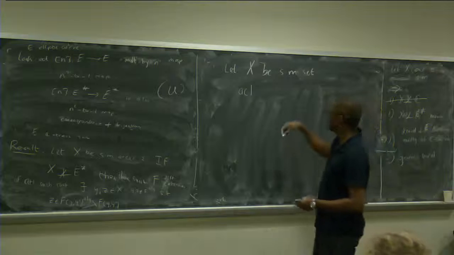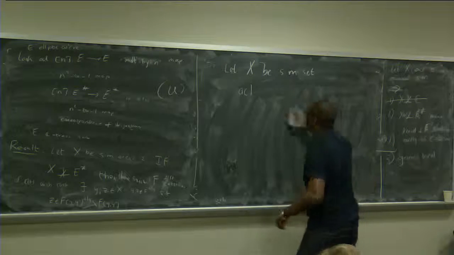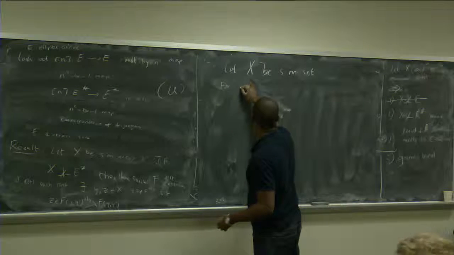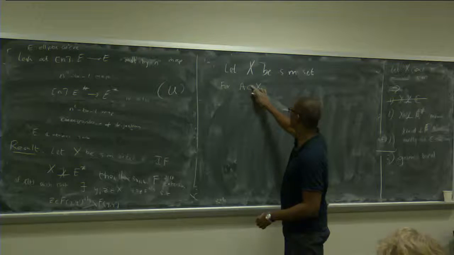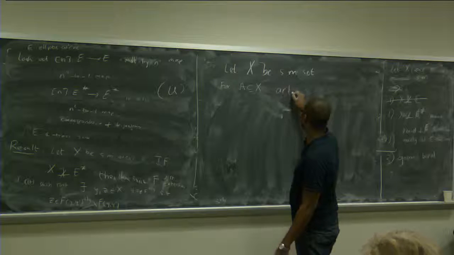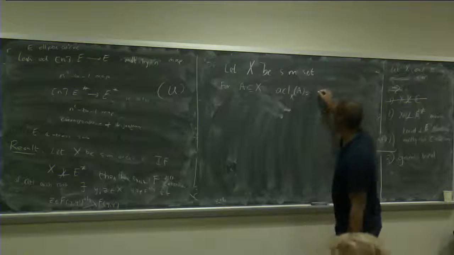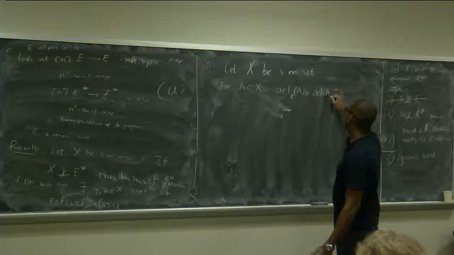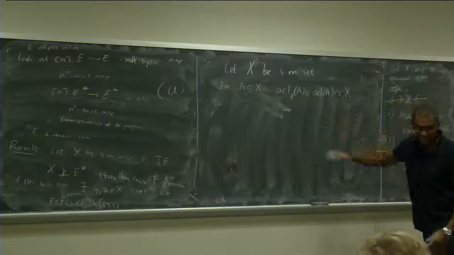So let's say for a subset A of X, you will say ACL_X of A is simply the algebraic closure in the model theory sense of A, intersect X. So I localize inside X.